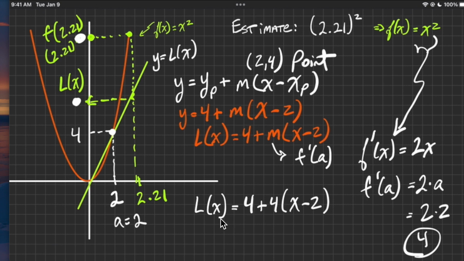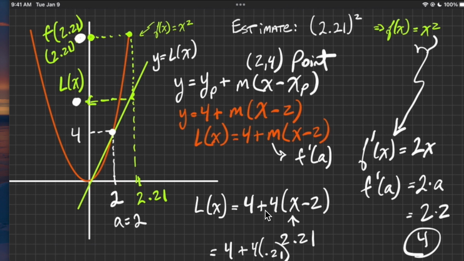Okay, so let's go ahead and find L of x. We're going to plug in 2.21 here. We're going to end up with 4 plus 4 times 2.21 minus 2, so 4 times 0.21.